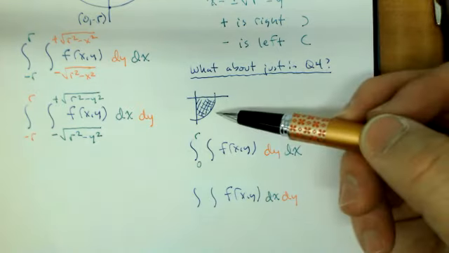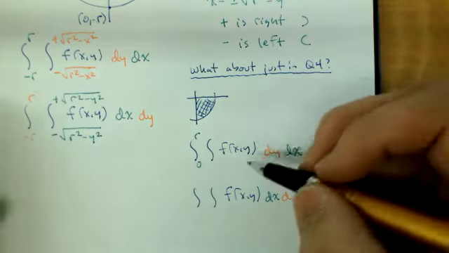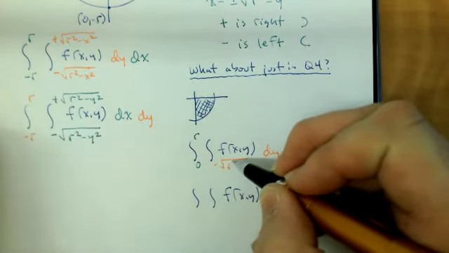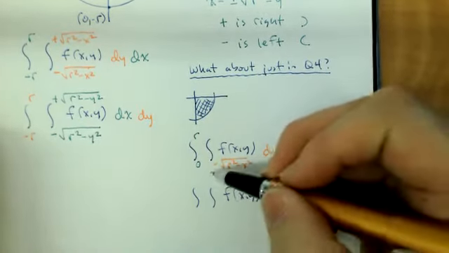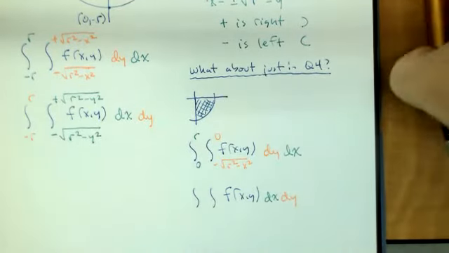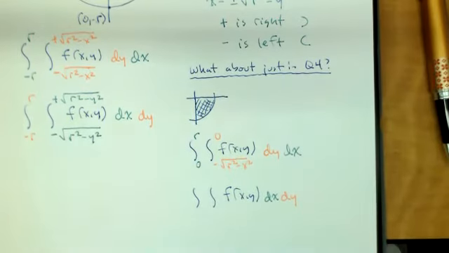The bottom y value is going to come from the bottom half of the circle. So negative square root of r squared minus x squared, but it'll stop at 0. Now we can integrate f of x y over these values.